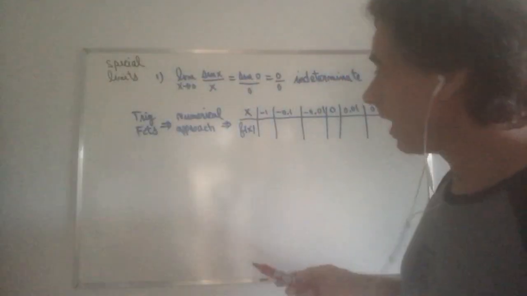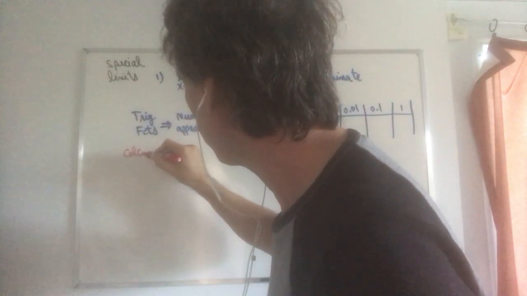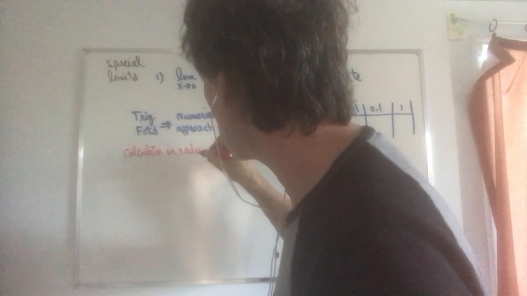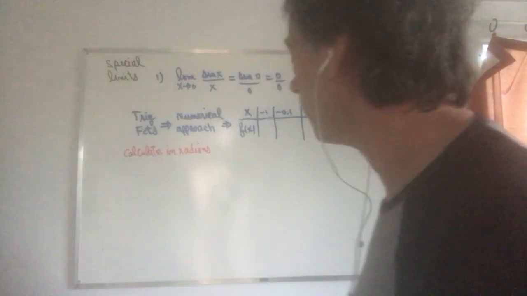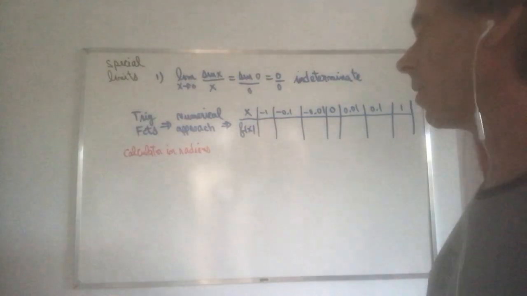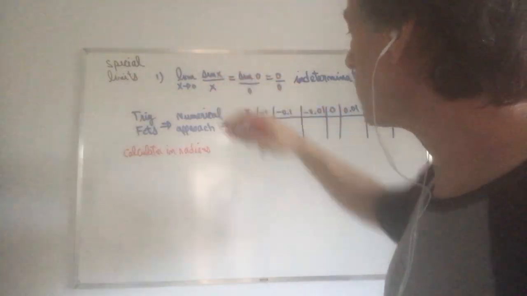Now we need to set our calculator in radians, not in degrees. It doesn't work when we put it in degrees. Degrees is not a mean of calculation. So we put our calculators in radians and we put minus 1 into sine x over x.